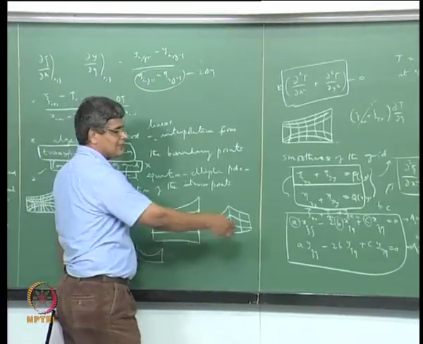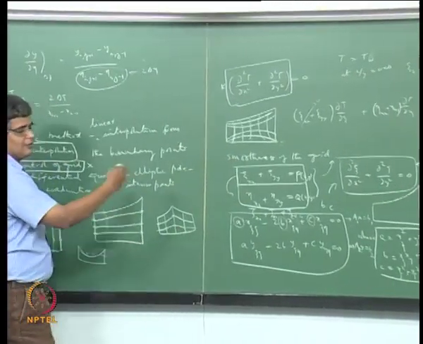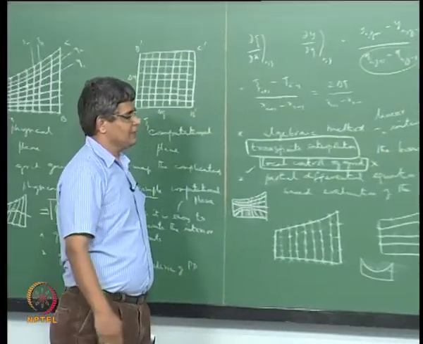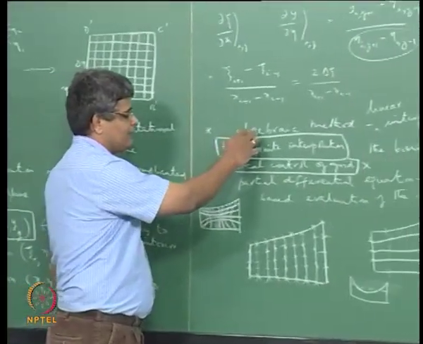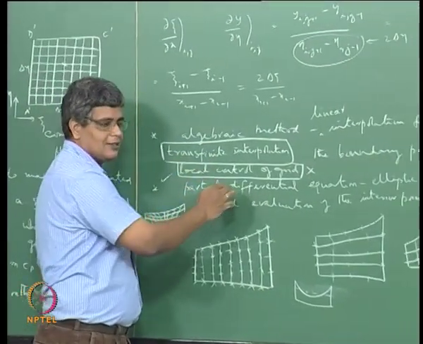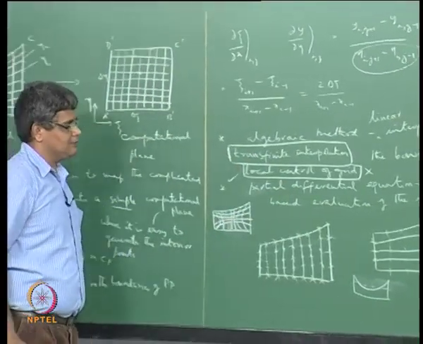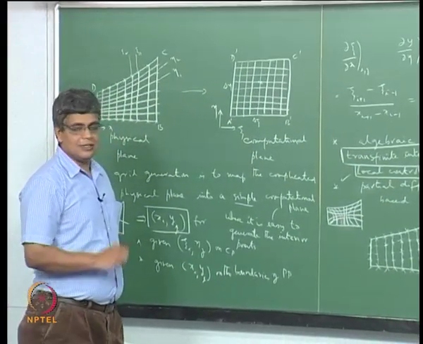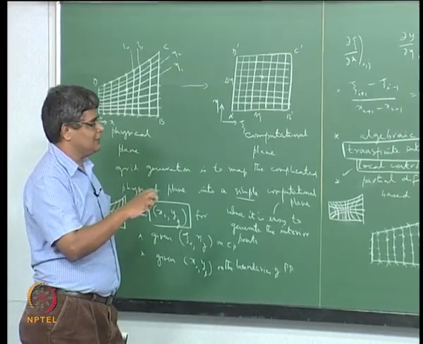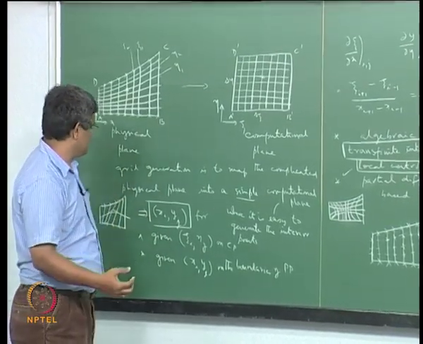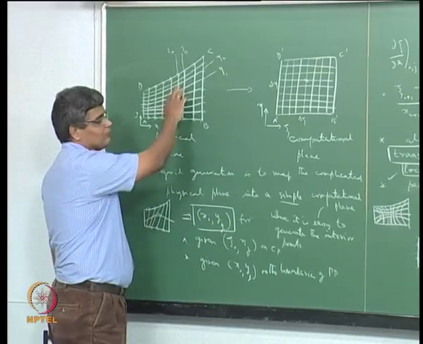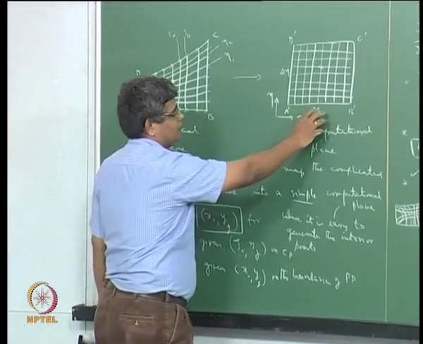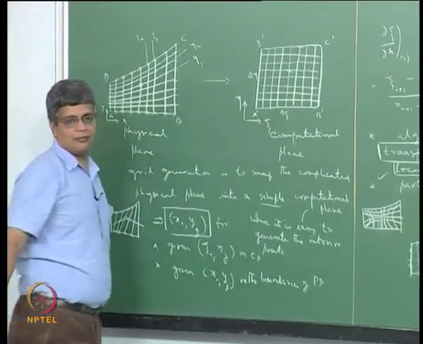So by solving 3 partial differential equations together, we can generate a 3-dimensional grid. So in that sense, these algebraic methods and PDE methods are extendable to general 3 dimensions, and these methods can enable us to generate the interior points for known boundary points and for known discretization on the computational plane.